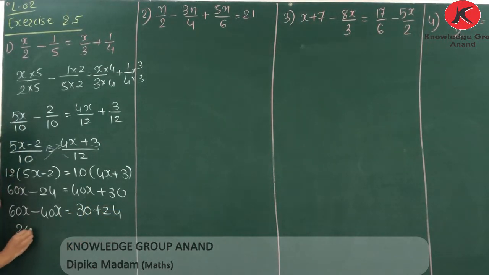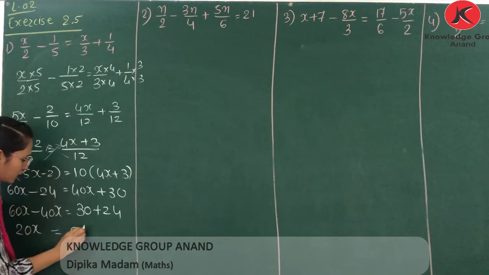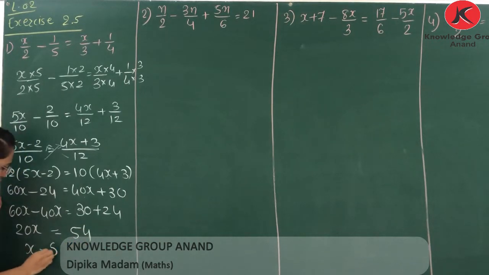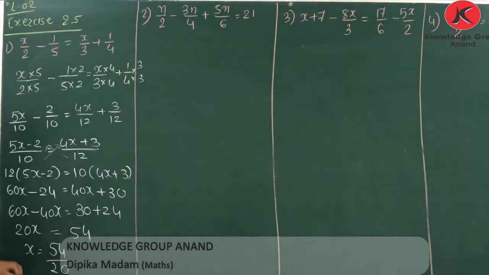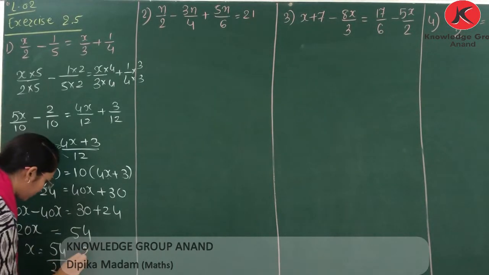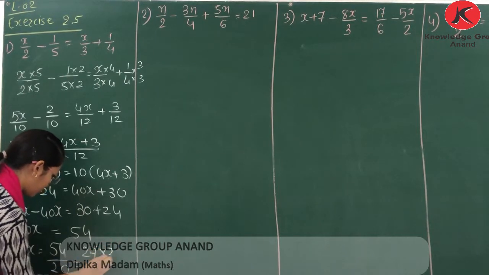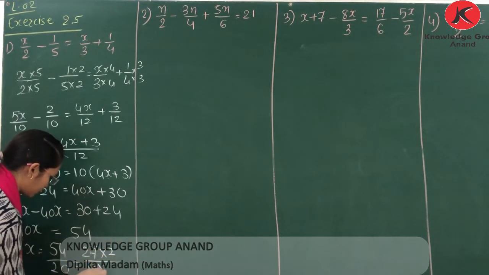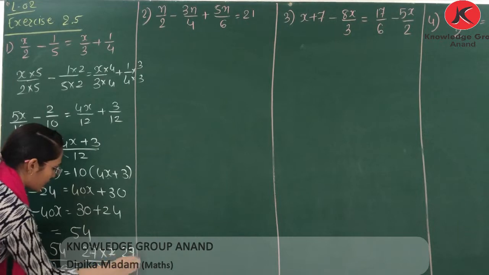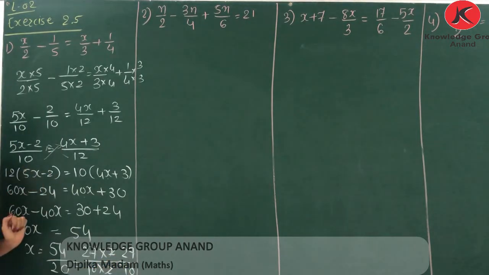So you will get 20x is equal to 54. So x is equal to 54 by 20. Here you can cut the common factor. So answer is 27 by 10.